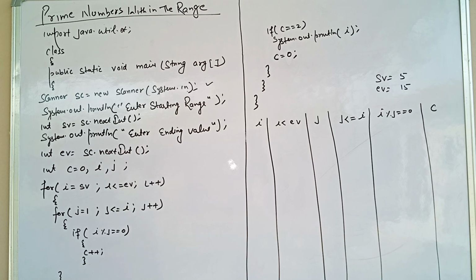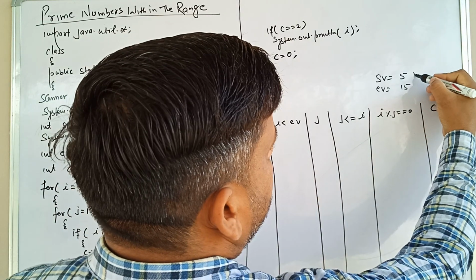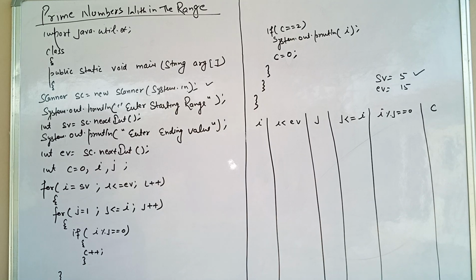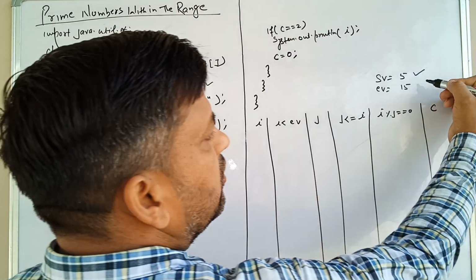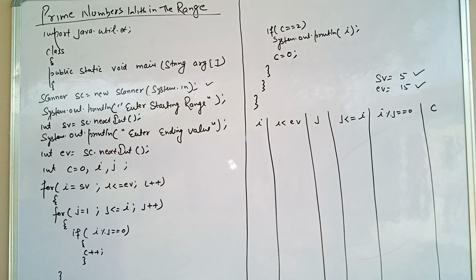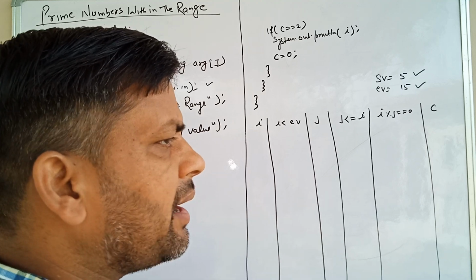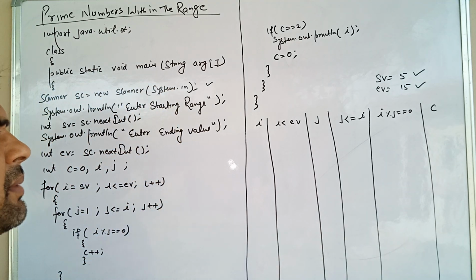For example, the starting value or first value I will enter 5 and the second value I will enter 15. So from 5 to 15, whatever prime numbers are there will be printed as output.